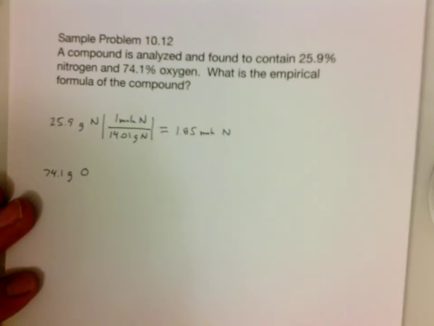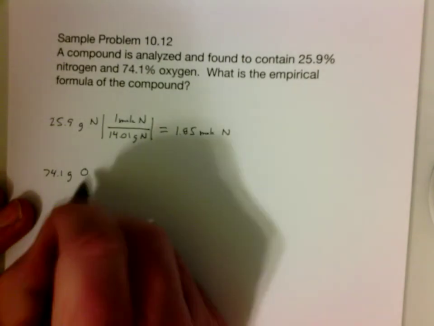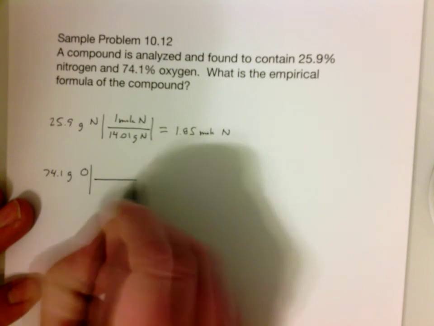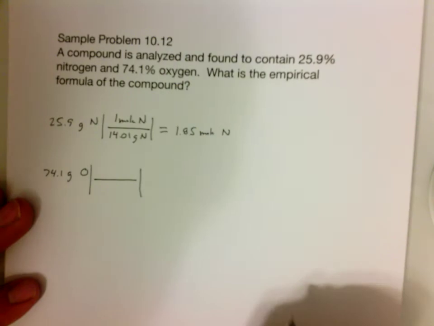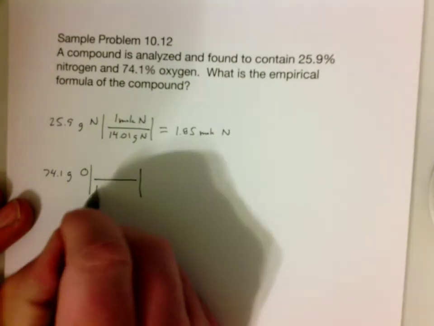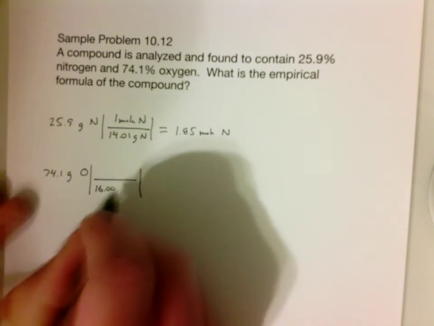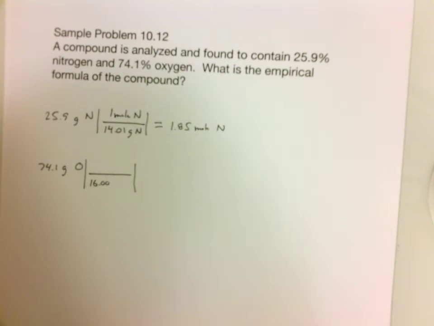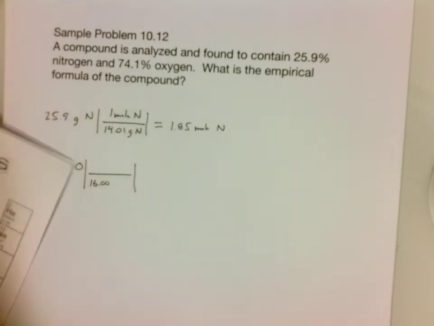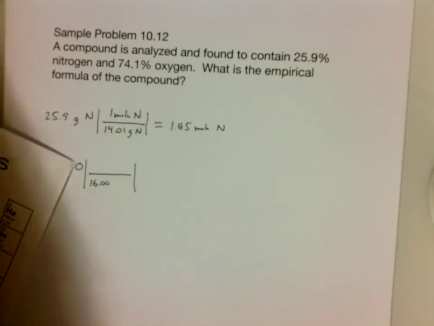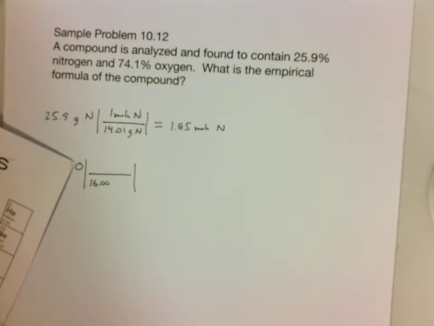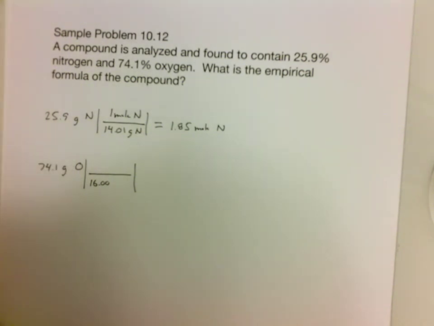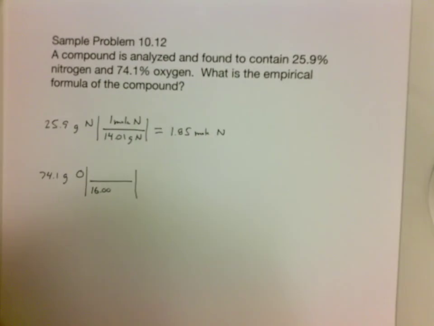We're going to do a similar problem with our oxygen. We're going to convert from grams of oxygen into moles of oxygen. And from the periodic table, there are 16.00 grams of O in 1 mole of O. My computer kicked off there, but we're going to go ahead and go with it, guys.